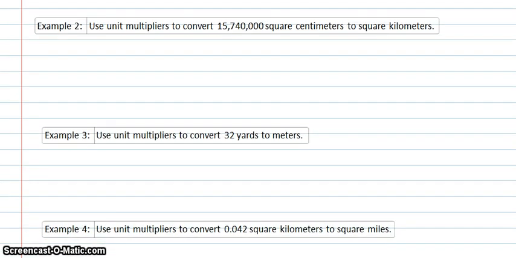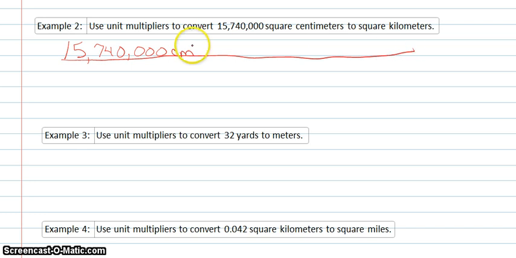In the next one, we're using unit multipliers to convert 15,740,000 square centimeters to square kilometers. Again, I start with 15,740,000. Make sure I don't mess up on how many zeros we got there. It's centimeters squared this time.